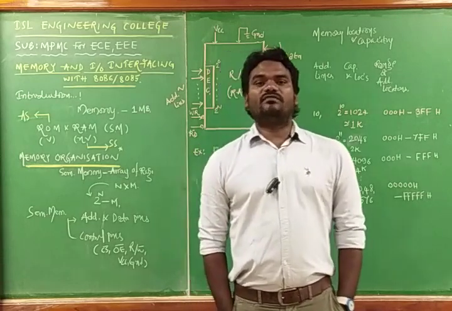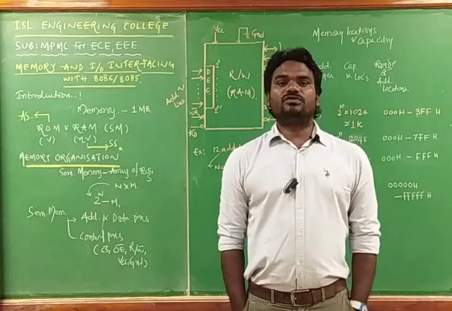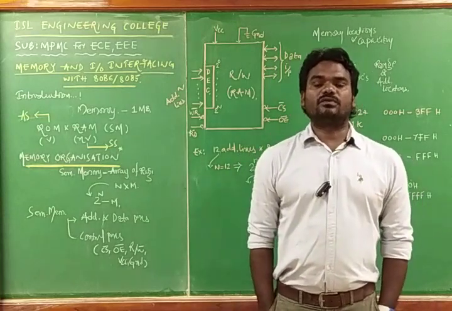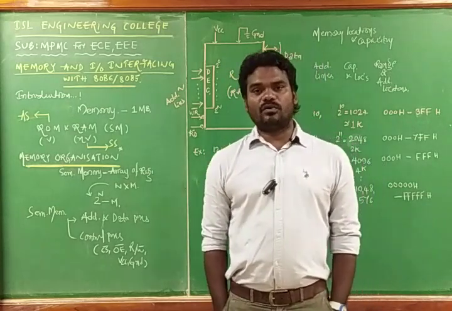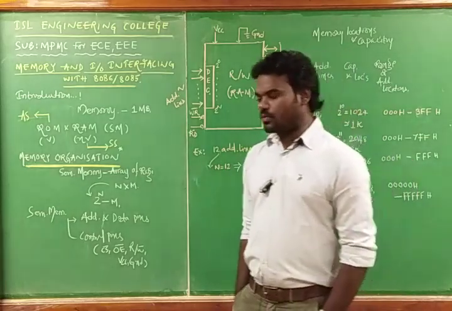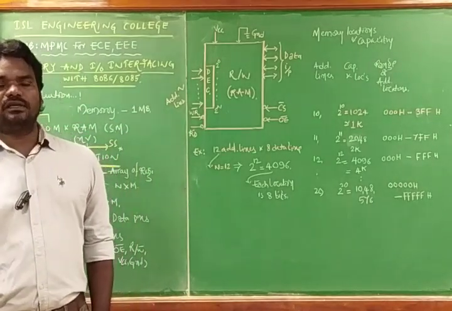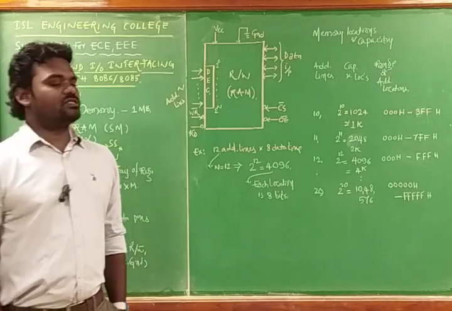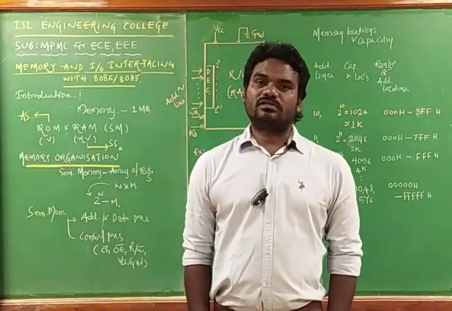In the last class we discussed an integrated circuit which synchronizes the 8086 microprocessor with the input output devices such as keyboard, memory and output, and that integrated circuit is named 8255 PPI, programmable peripheral interface. In this class I am going to talk about how memory is interfaced with the 8086 microprocessor.